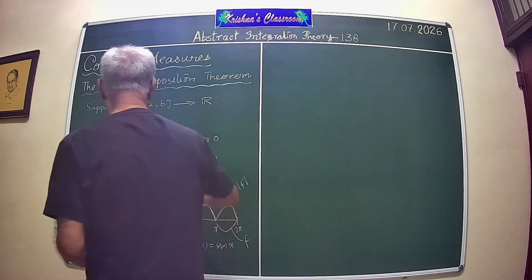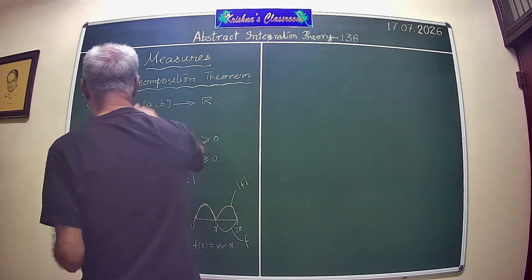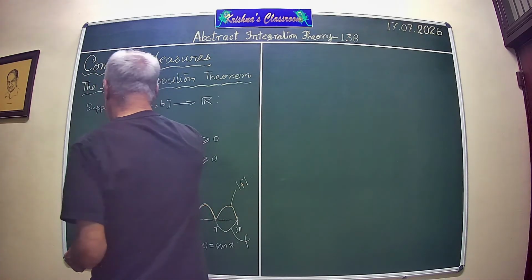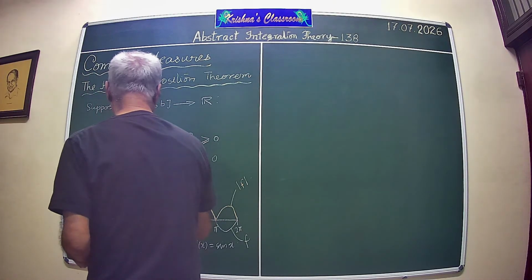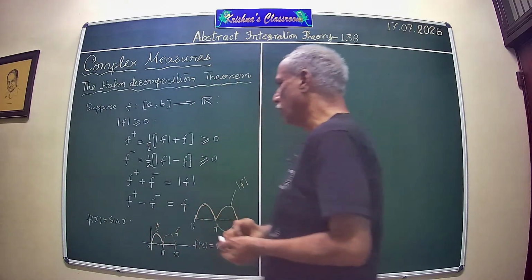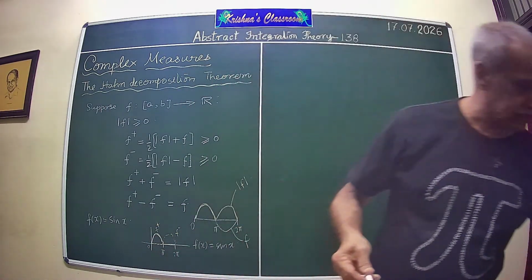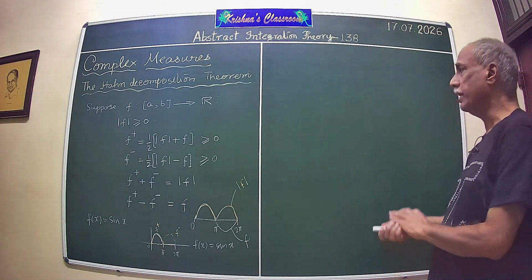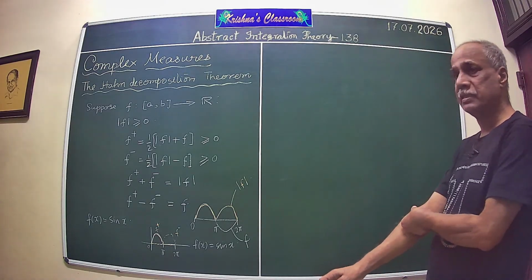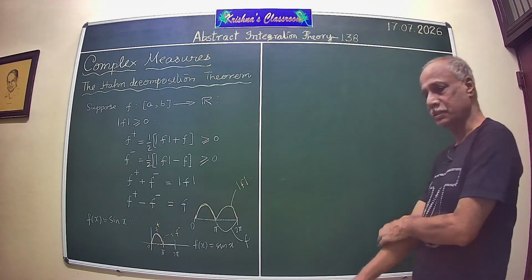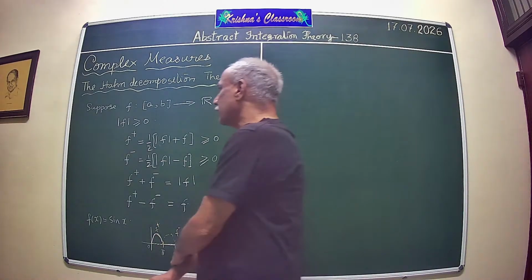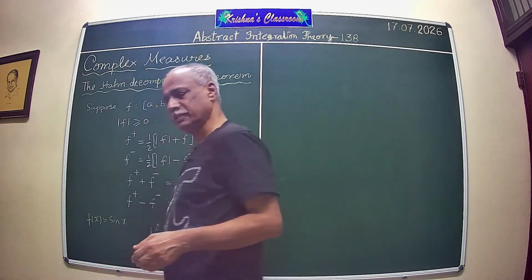So this is the decomposition of the function f into the difference of two non-negative functions. So the analogous result we try to get for the measures. This is the content of the Hahn decomposition theorem.